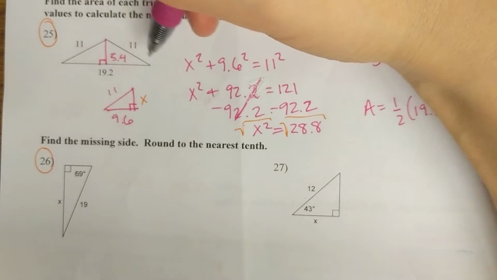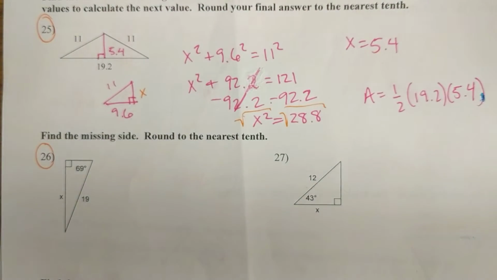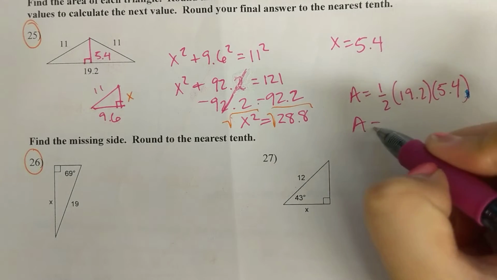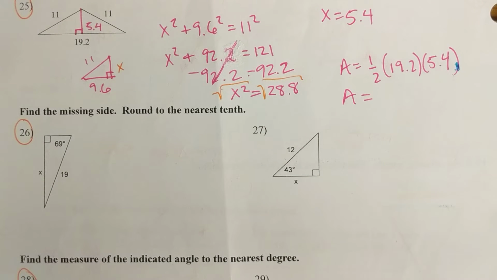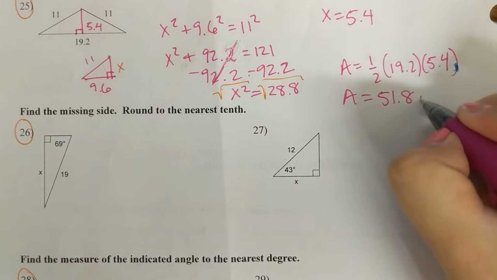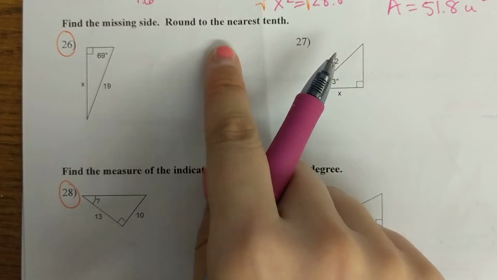Hey, guess what? 11 is not part of the area. Not helpful to us except to find the height. All right, plug this into the calculator, and we get 51.8 units squared.